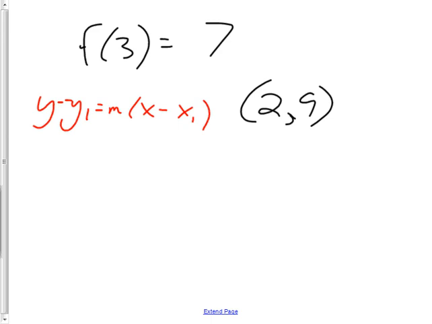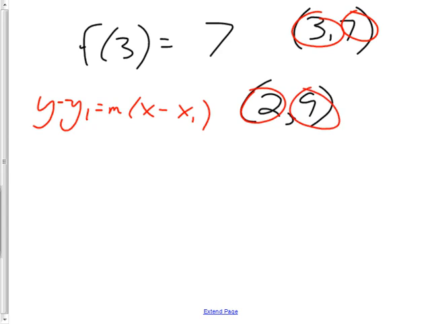Now some kids think that they have to do the rise over run to get the slope. It does work, rise over run does work, but if you forget that little equation for it, did you know you could just take these two numbers and these two numbers, and plug them into these spots right here, and you can figure out the slope?